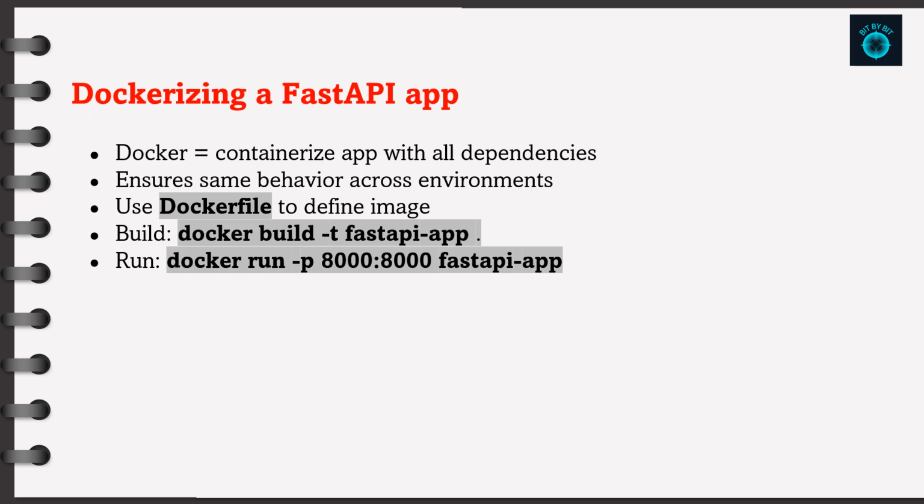The -p option maps port 8000 inside the container to port 8000 on our machine. Now, when we open http://localhost:8000, we can see our FastAPI app running inside Docker. This approach makes deployments reliable, portable, and cloud-friendly.